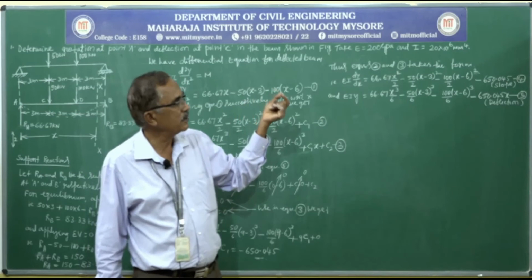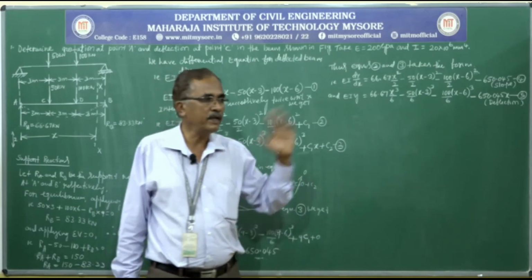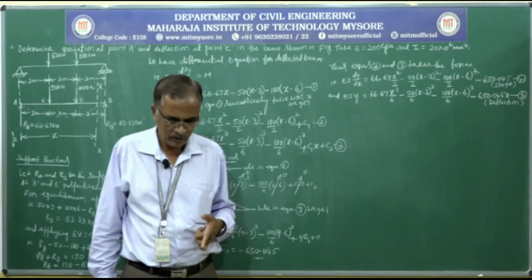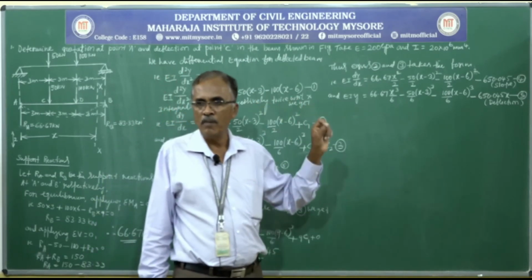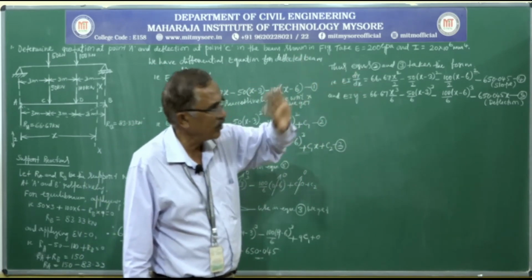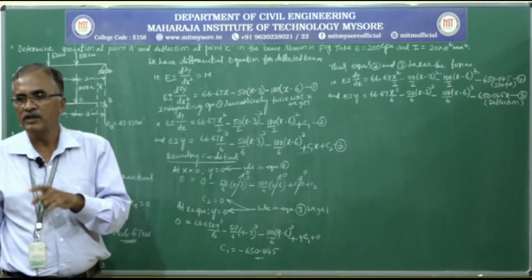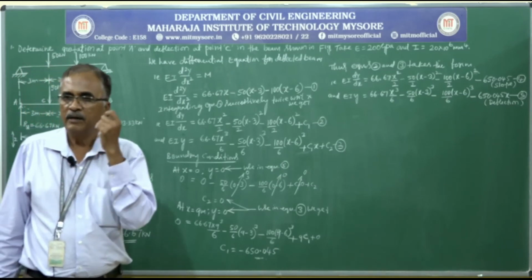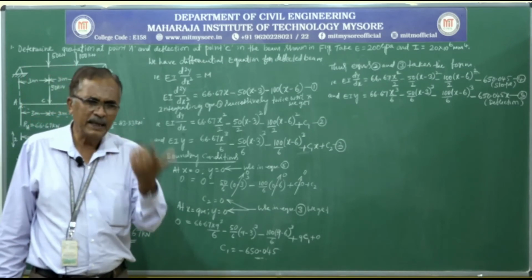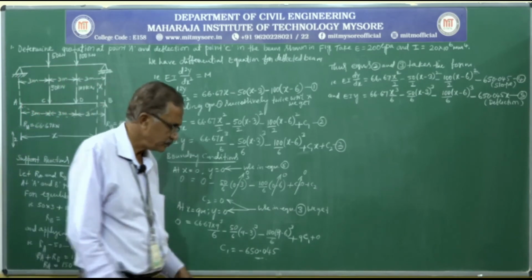Convert these values into kilonewton meter square so that we get the slope in radians and deflection in meters. So always, after obtaining equations 4 and 5, convert the given Young's modulus into kilonewton per meter square and moment of inertia into meter to the power 4, so that we get the slope in radians and deflection in meters.